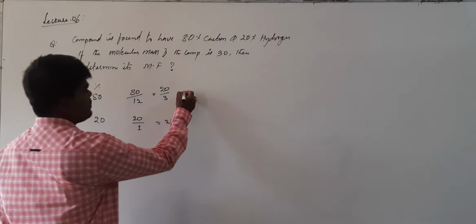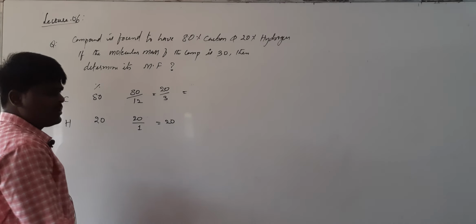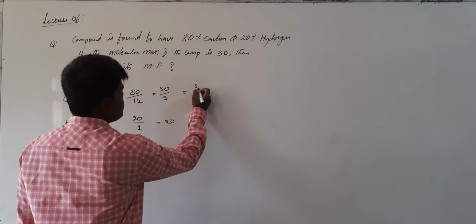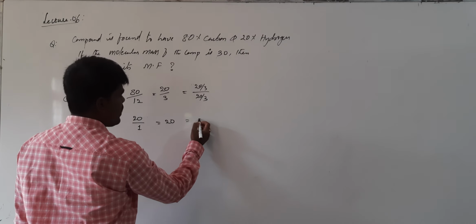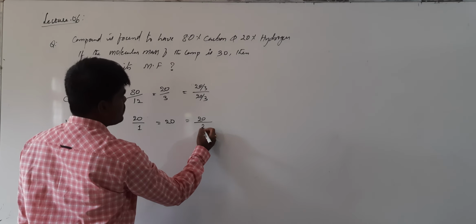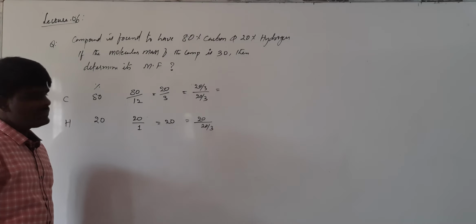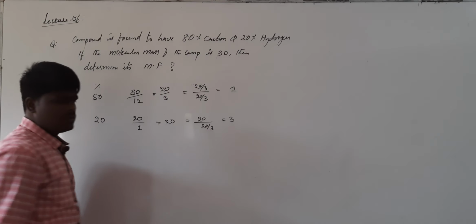Dividing 20 by 3 upon 20 by 3, and 20 also divided by 20 by 3, it comes to be 1 and it comes to be 3.